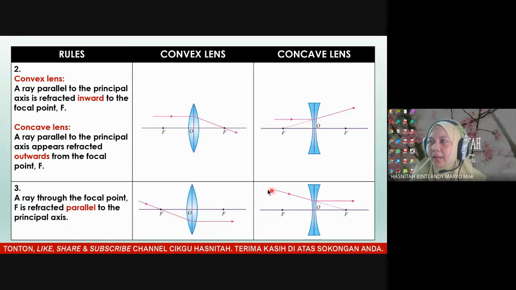A ray passing through the focal point here will refract parallel to the principal axis. So number 2 and number 3 are the opposite. If you notice, rule number 2 and rule number 3 are in the opposite way.